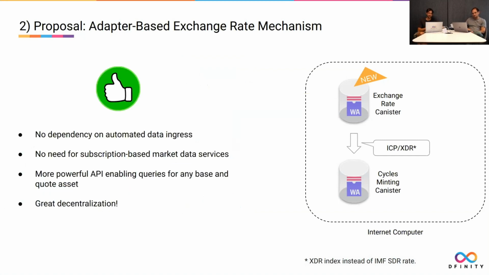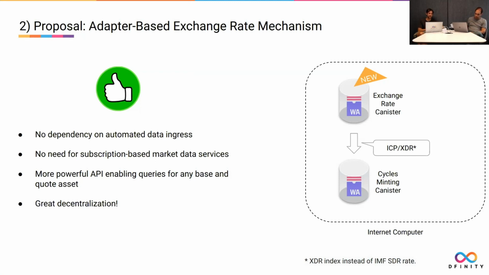Well, first of all, obviously we don't have any dependency on any automated data ingress mechanism anymore. And also, the second point is important to get the XDR rates. We currently use subscription-based market data sources or services, and it's not easy to get just open, free services for that.